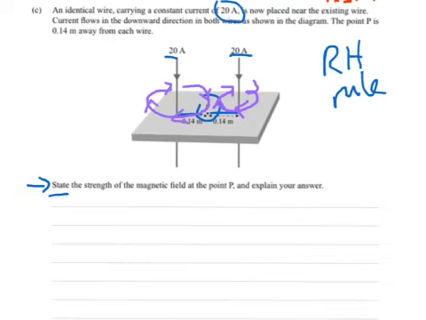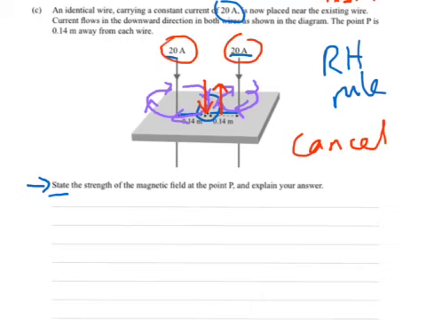So what we notice about this is we've got one going in that way and one going that way. So they're both going in opposite directions, and what we'll find is they will cancel out. Because remember they're equal in value, equal current, and equal distance apart.